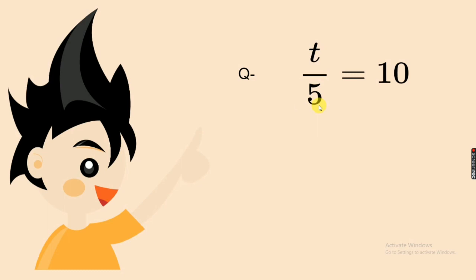The number in division would be changed into the multiplication when we shift it to the other side. If any number is multiplied with the variable and we have to transpose it to the other side, then the multiplied number would be changed into the division.